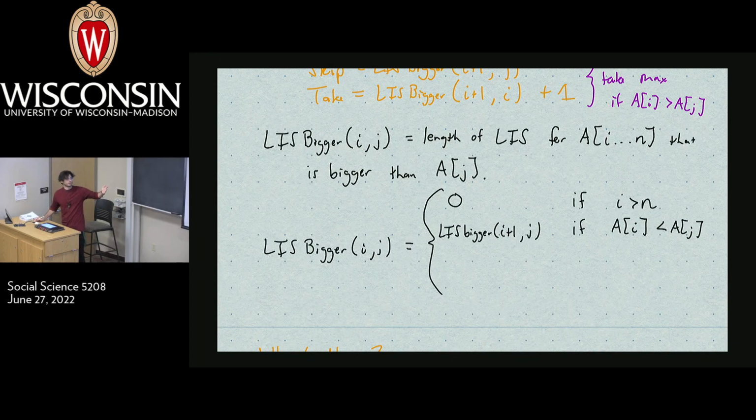It's still J, because we didn't include I. We're just going to look at the rest of the array. Then the last case is we have the max of both options. We can either skip it, or we include it, and so we have one more element.